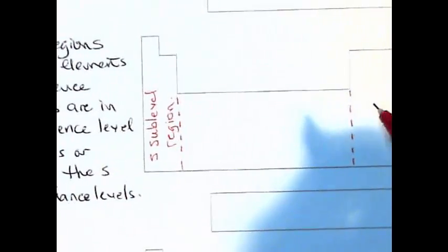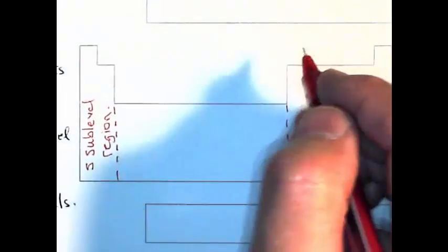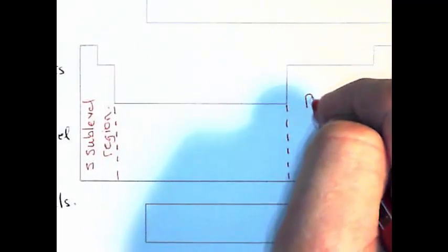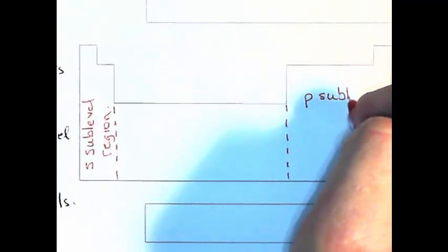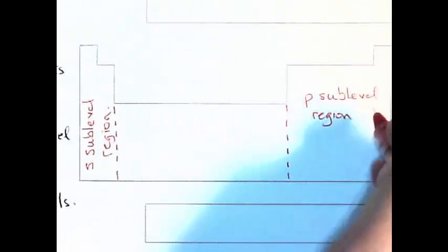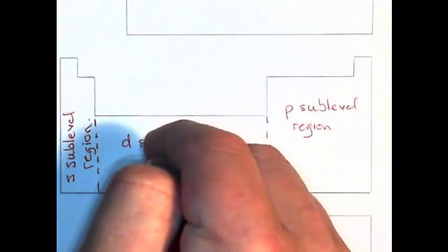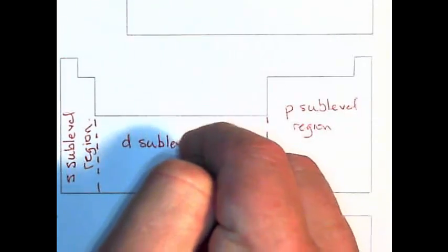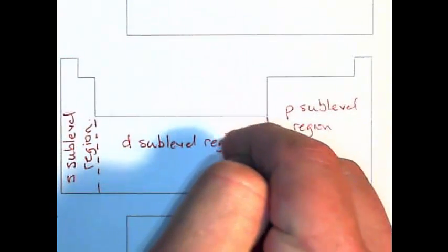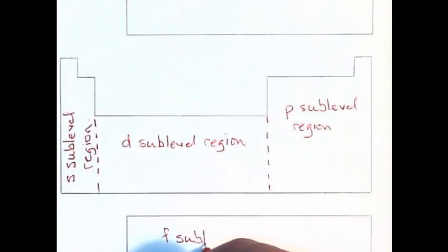It's not a capital S. So I can't capitalize the first thing in the sentence because it's never supposed to be a capital letter, okay? And then this is the P sublevel region. And then here is the D sublevel region. And the F sublevel region.